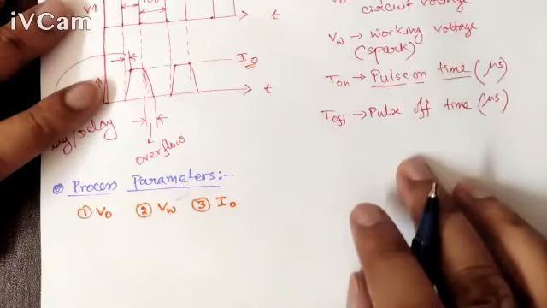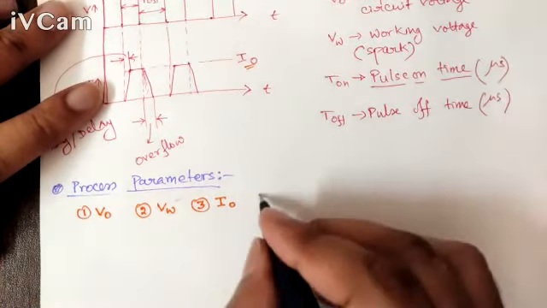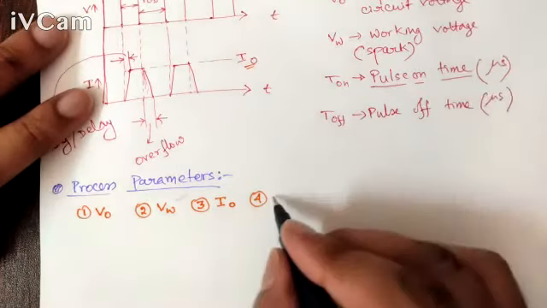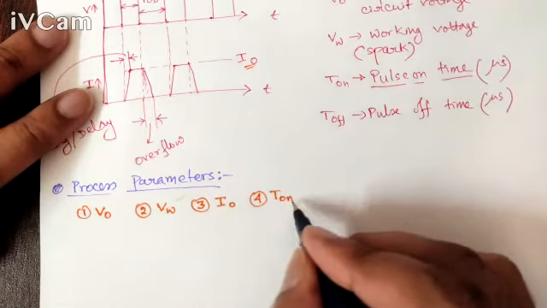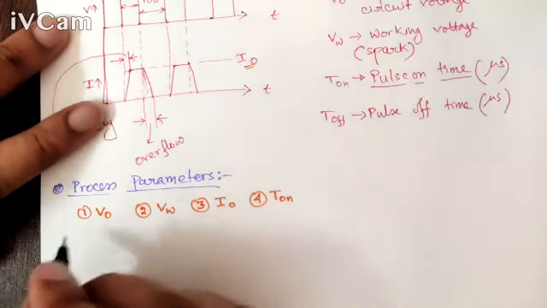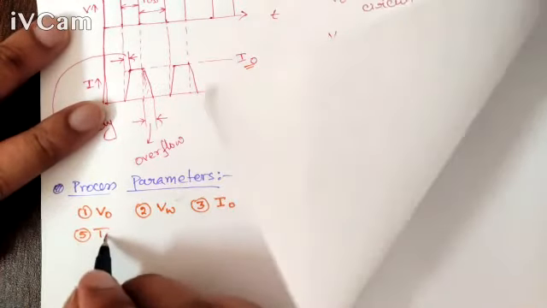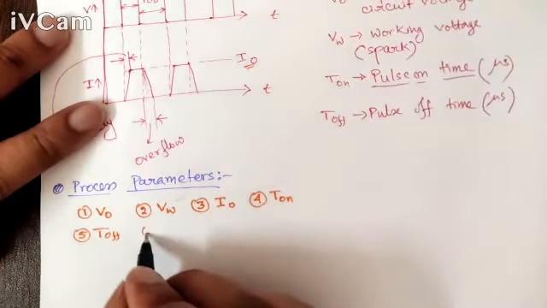Sometimes it is represented by IP also. Then number 4, we have already studied T on. Then number 5, I have discussed T off or pulse off time.